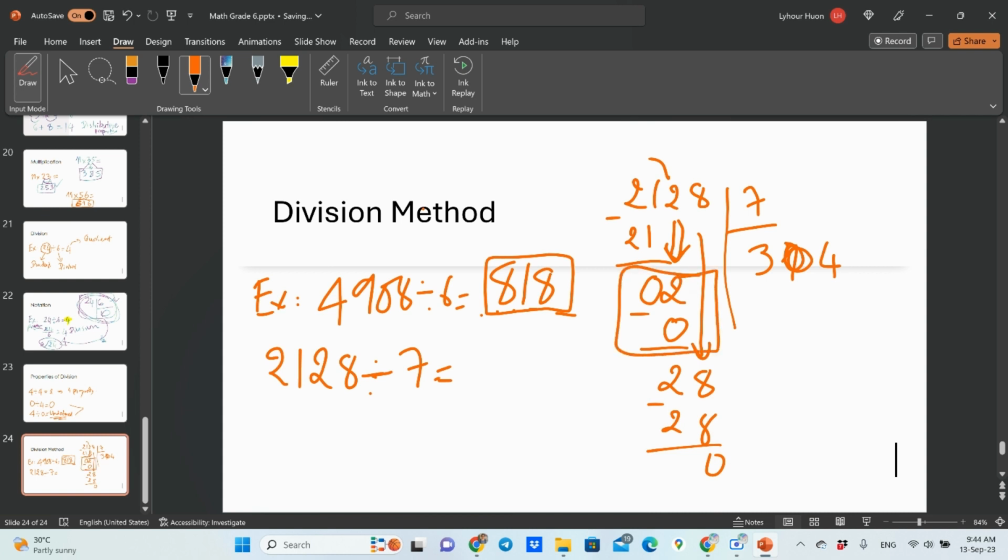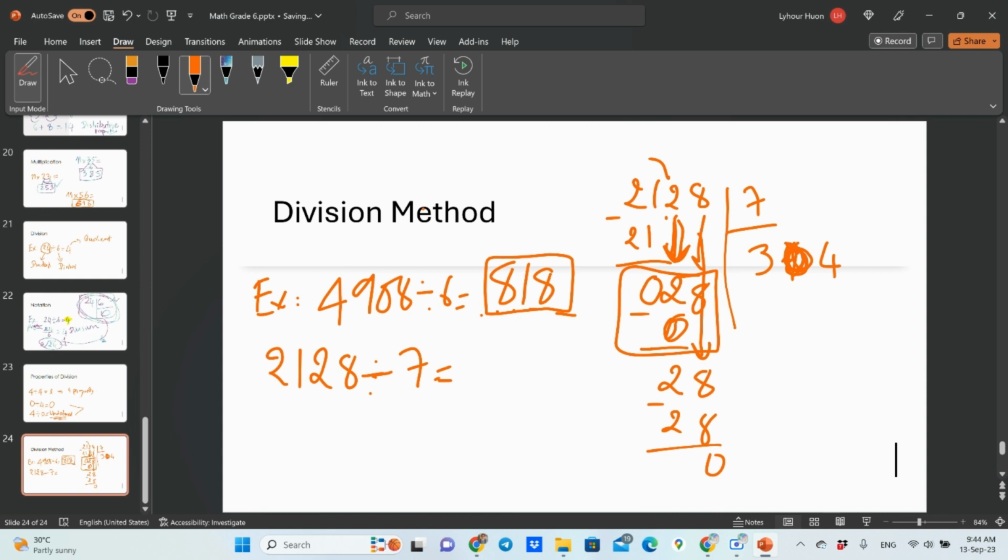That leaves zero. But sometimes people skip this part: they drop one number, see they cannot divide, and drop the 8 right away. But the process is that we put zero, because if we put one, it's too big. Zero times seven is zero, so the 2 stays, and we drop the 8.